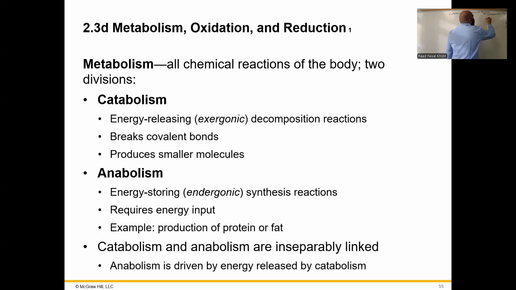So if I have a chain of sugar or a chain of fats or a chain of proteins and I break it down, energy is going to get out of that. We saw this with the ATP. When we broke one of the 3 phosphate groups, which are attached to adenine, what happens?